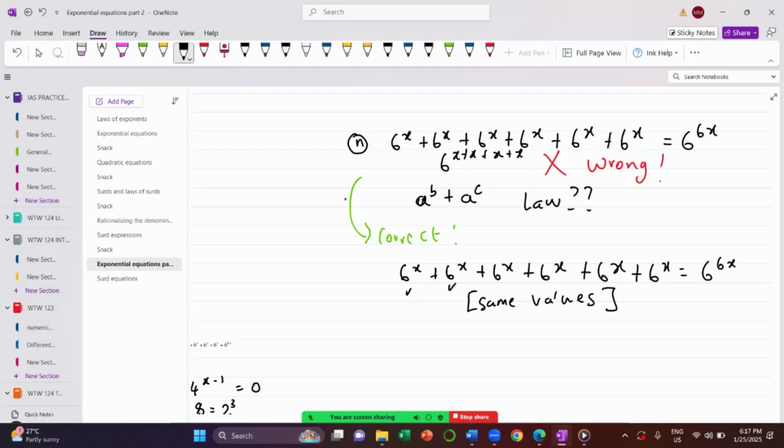Yes, sir. So now think of it. I want to ask you guys this. If I have 2 plus 2 plus 2, what is another way of writing this? I'm adding how many values of 2? 3, right? So it's okay for me to say this is 3 multiplied by 2.